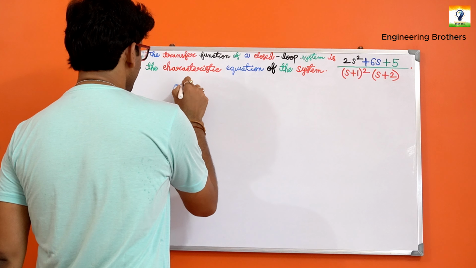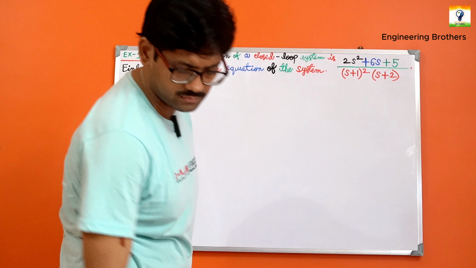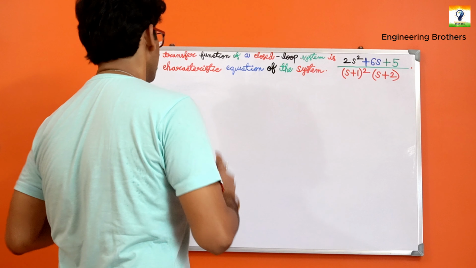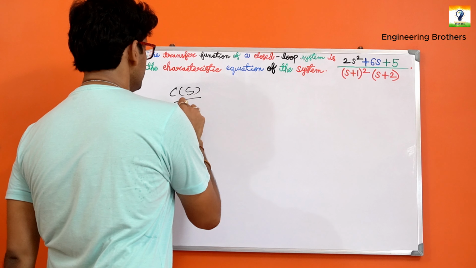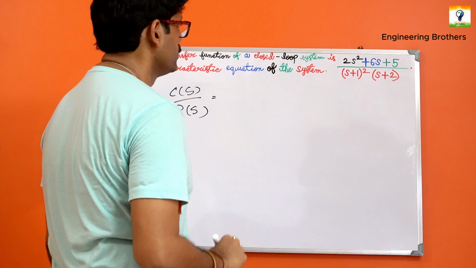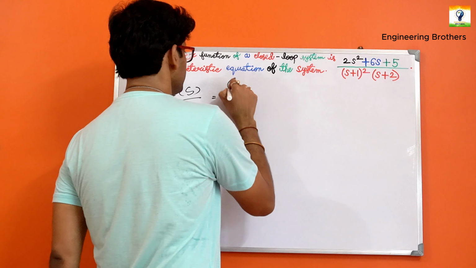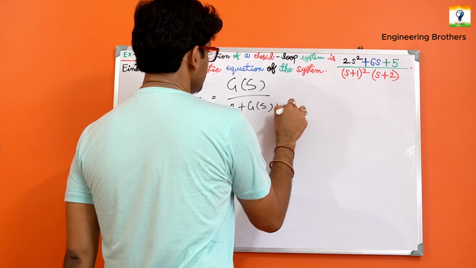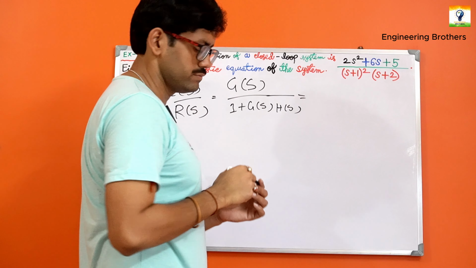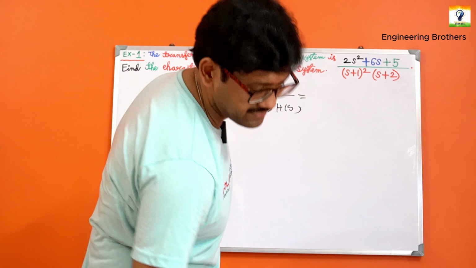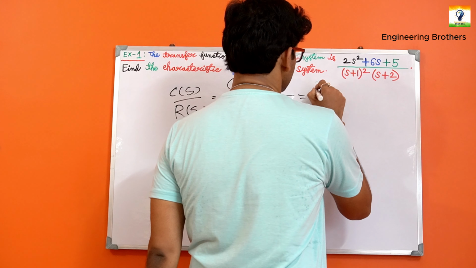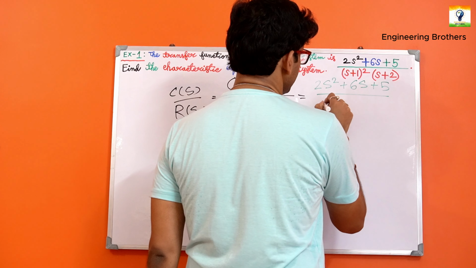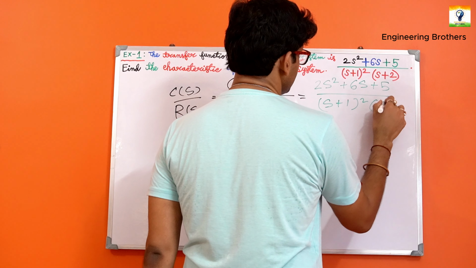According to our formulation, the closed loop control system has the transfer function C(s) by R(s), which is G(s) divided by 1 plus G(s)H(s), and that is given as (2s squared plus 6s plus 5) divided by (s plus 1) squared and (s plus 2).